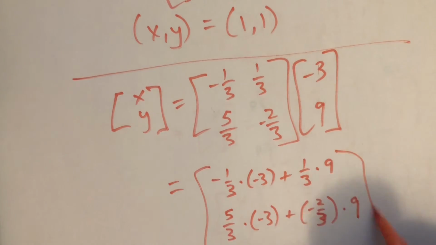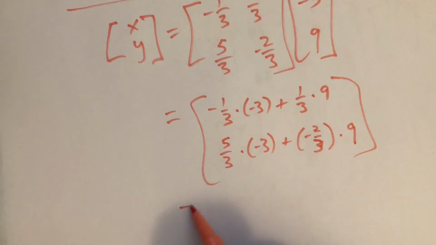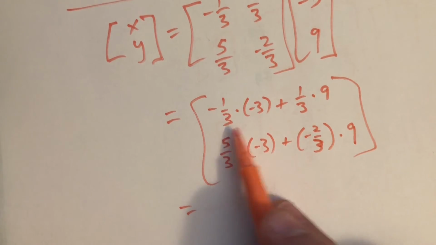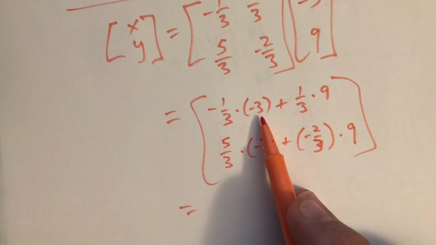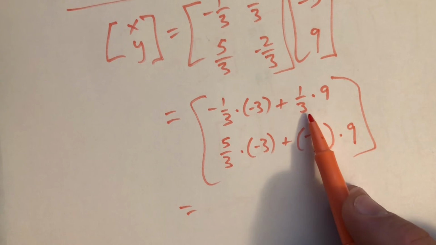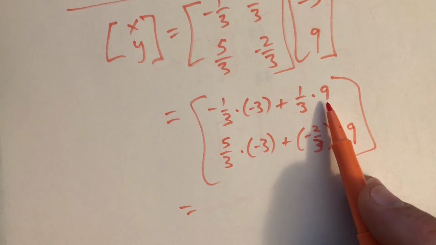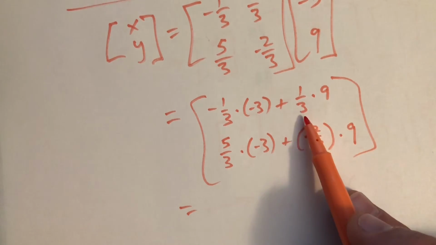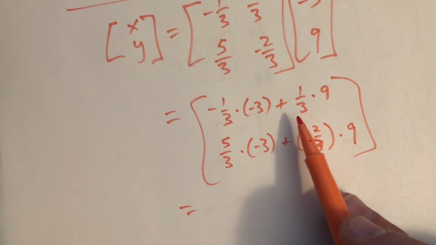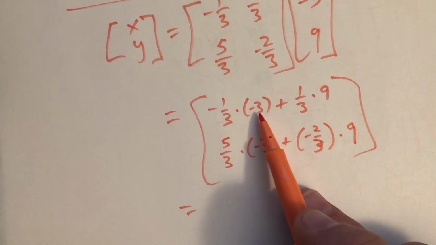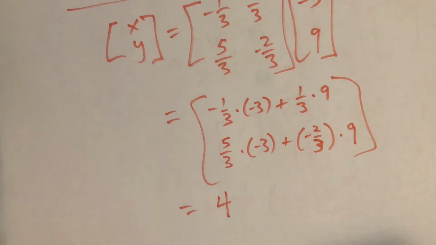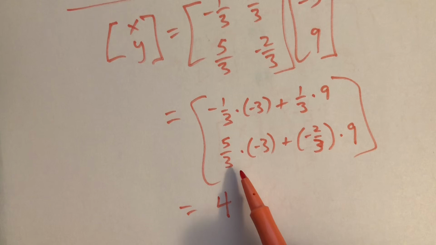And we can say what that is pretty quickly, right? Negative 1/3 times negative 3, that's positive 1. Then this guy is, what is this? 9 divided by 3, that's 3. And that's 1, so that'd be a 4. Okay. And then I can do these as well, right? This is going to cancel and become a negative 5.